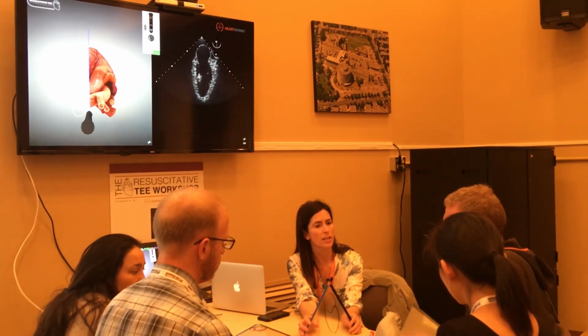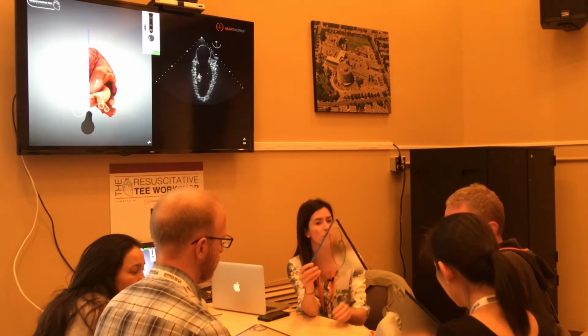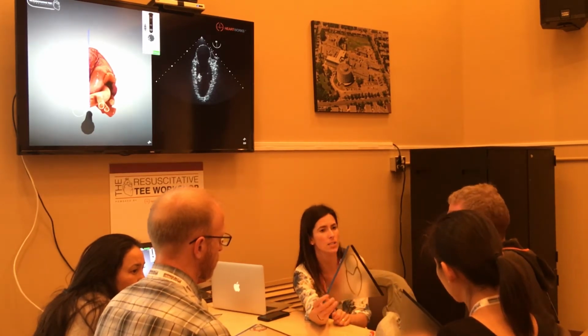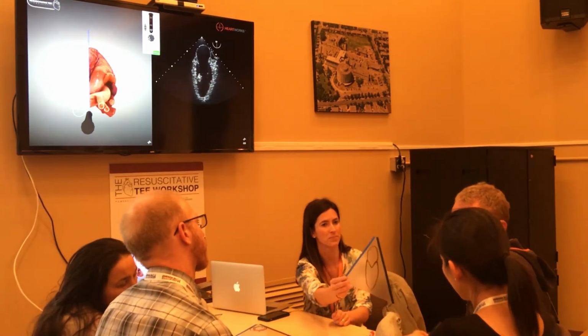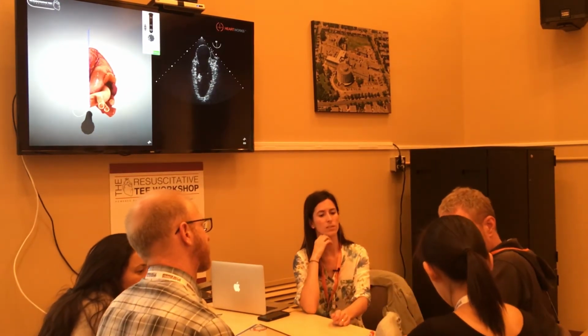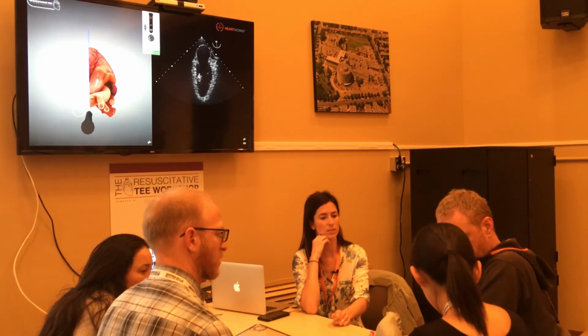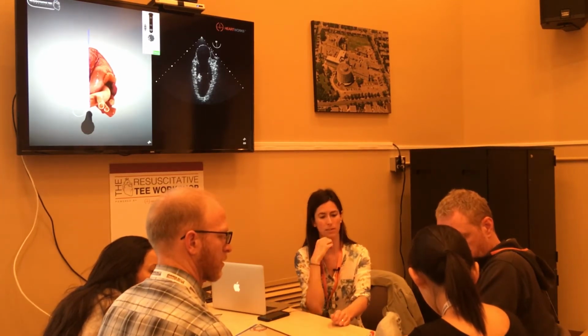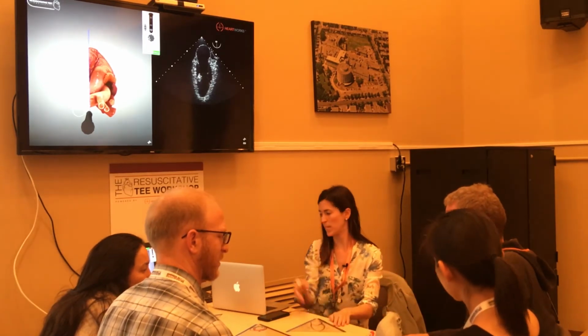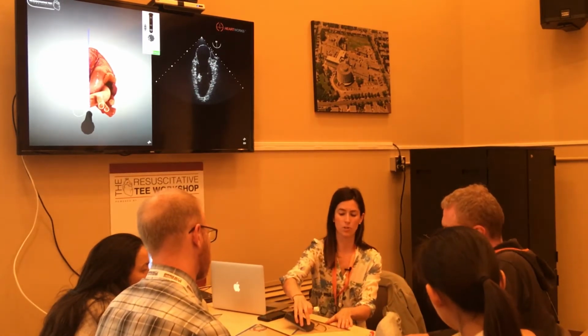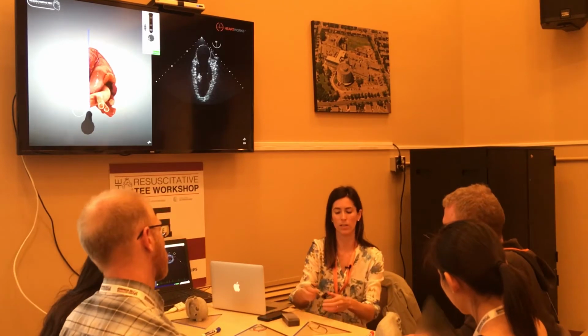So let's say we stopped at 90 degrees. I can give this to you. Tell me which side is the anterior wall and which is the inferior wall. Perfect. Great. Okay. So now I'm going to take this, and we're going to get you to 120 to 130.